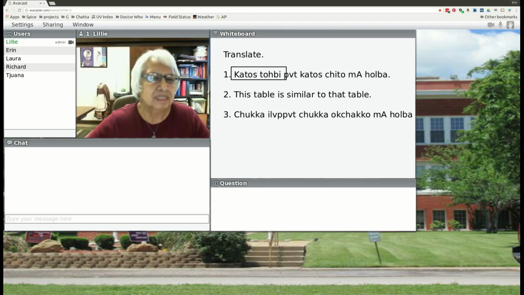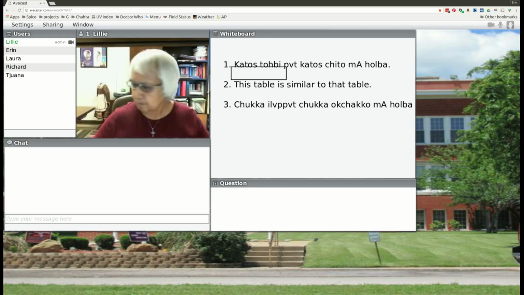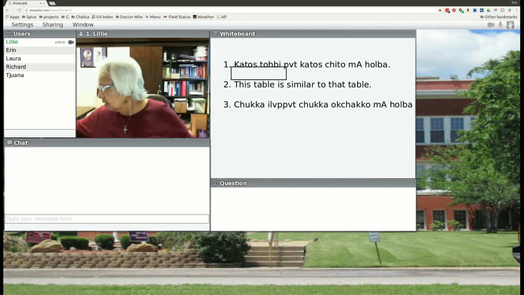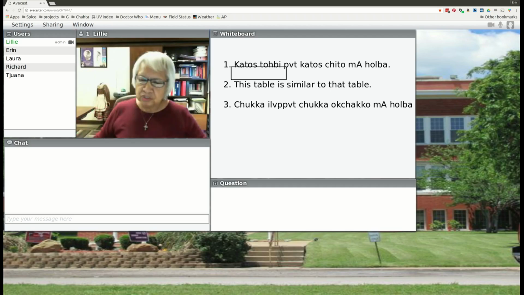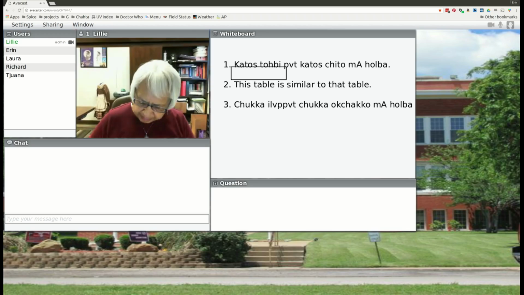And I went ahead and put "to that table" because even though we say it in English, a lot of times if you just read a sentence in Choctaw, it's hard to translate a single sentence if you don't know what preceded it. There may be a conversation going on where there's some comparison being made. That's why I said it's best to write that comparison so you're not misunderstood in the English.